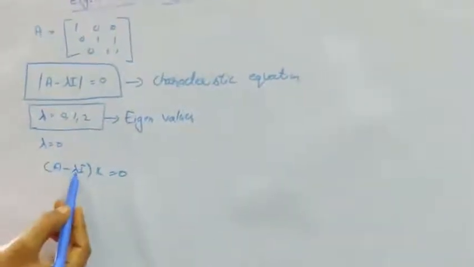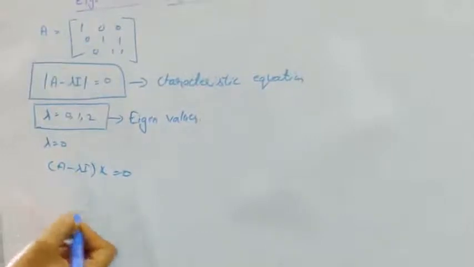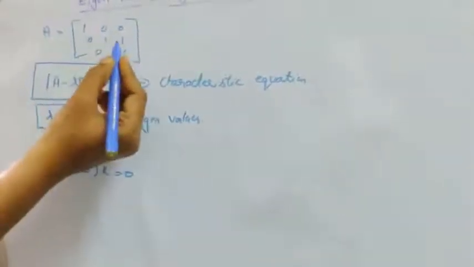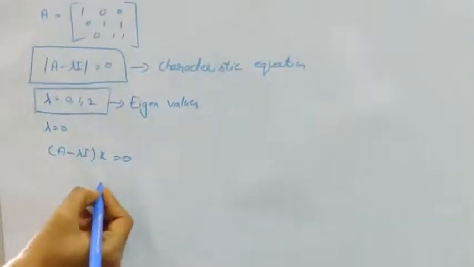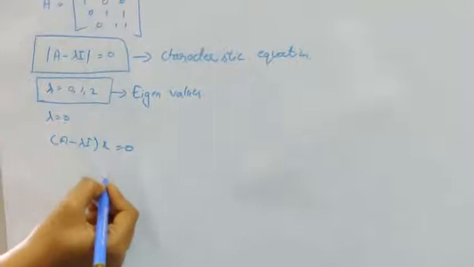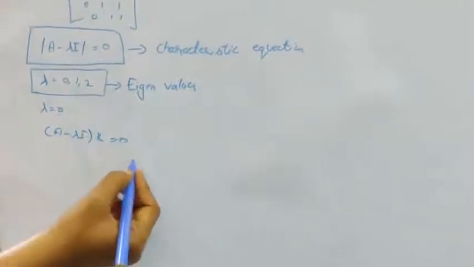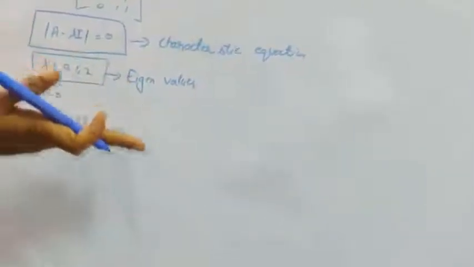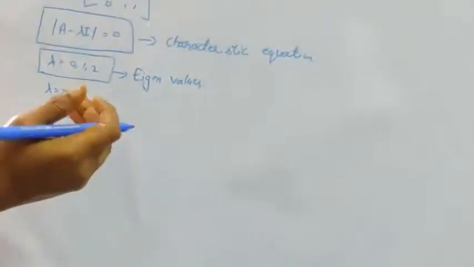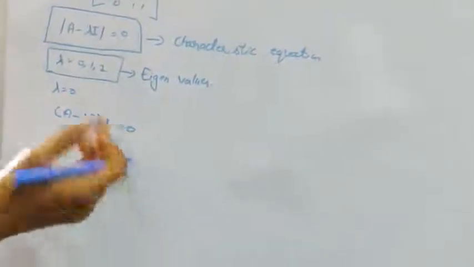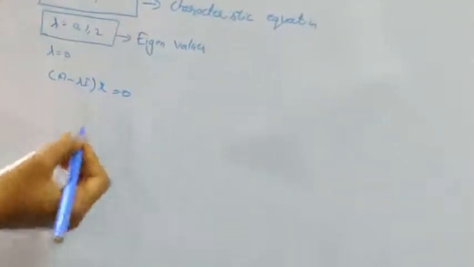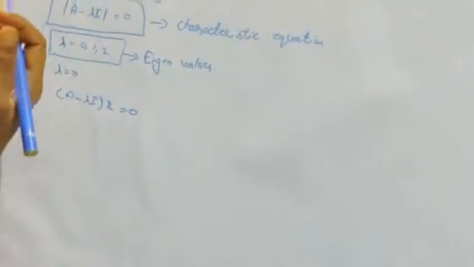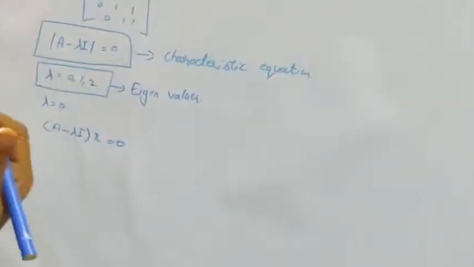Now for the first case, you know the matrix A, that is 1 0 0, 0 1 1, 0 1 1, minus lambda, which is 0, into the unit matrix. Unit matrix means all the diagonal elements are 1 and the remaining elements in the square matrix are 0. And for x, as it is a 3 by 3 matrix, we consider x1, x2 and x3.